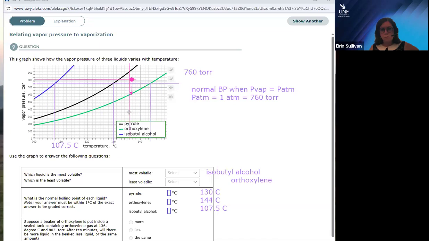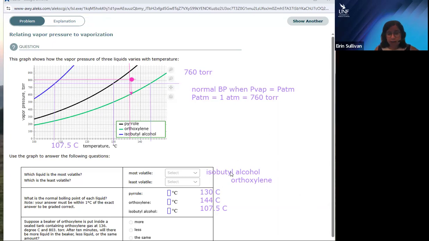If the opposite was true, if we'd ended up down here somewhere, then some of the liquid would have to evaporate into gas to increase the vapor pressure to get back to that green line. But that's not what we're looking at under these conditions. So will there be more liquid in the beaker, less liquid, or the same amount? If it was the same amount, we'd be right on the line, right?